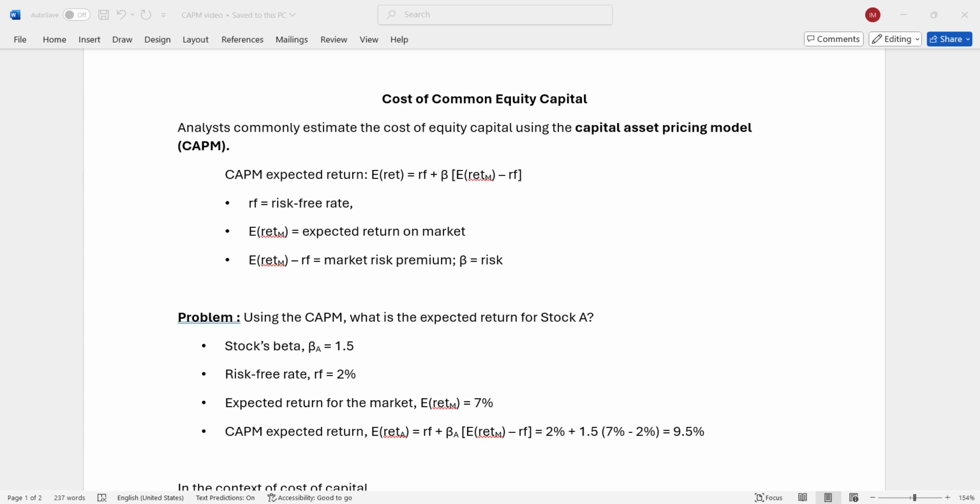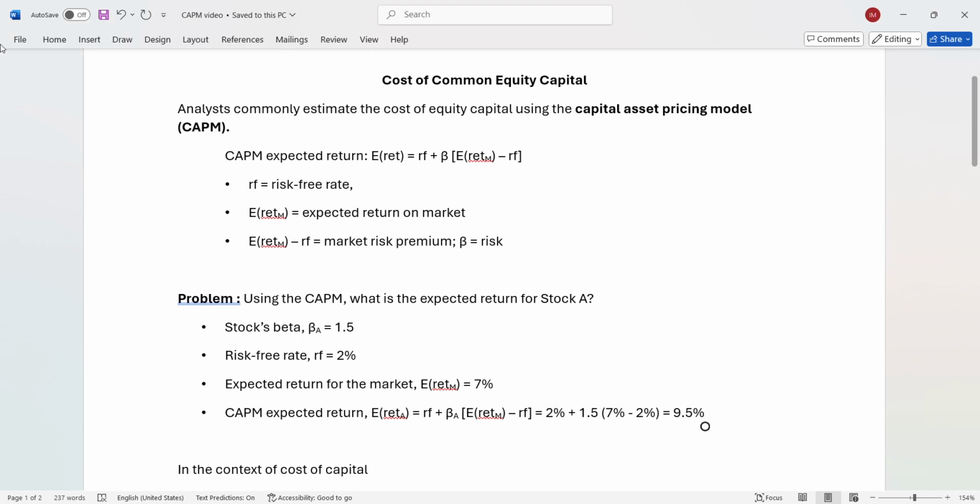This is a widely used tool for quantifying the relationship between the systematic risk and the expected return. If you look at the formula for the CAPM expected return, there are three components. One is the risk-free rate, the RF, and there is the expected return on the market, and the difference between these two we usually call the market risk premium.